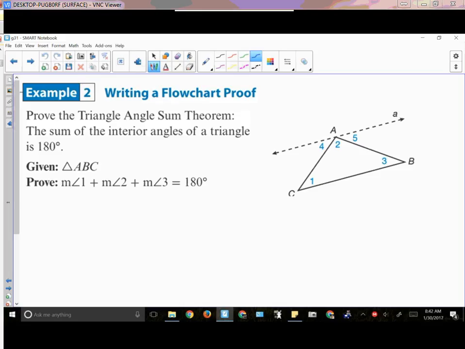Sure, as long as I go through and state it. So what they ended up doing here is they wrote it out like this: draw a line parallel to CB through A.